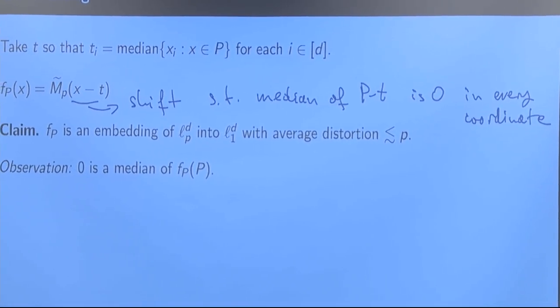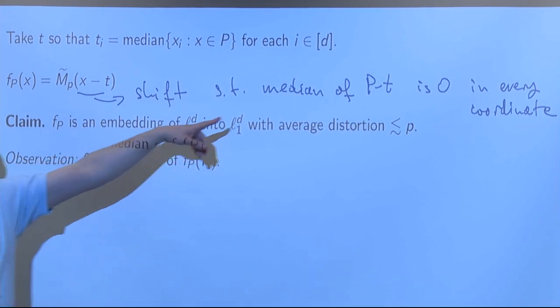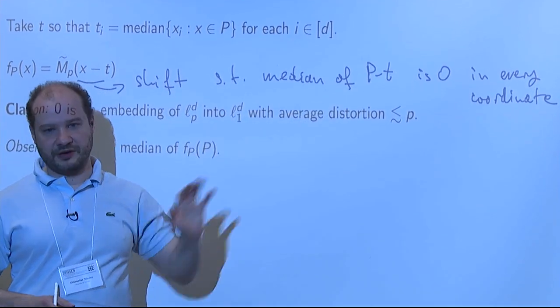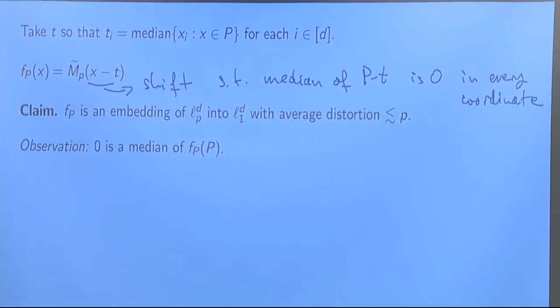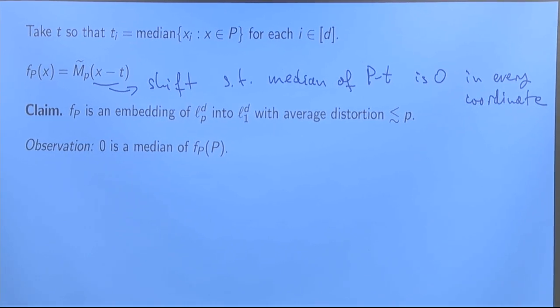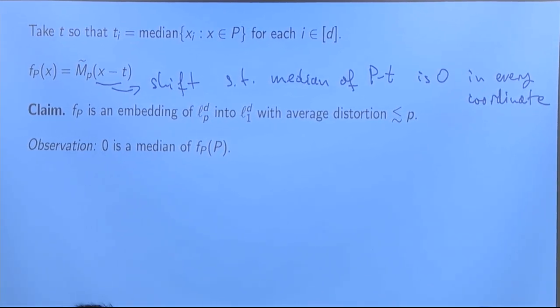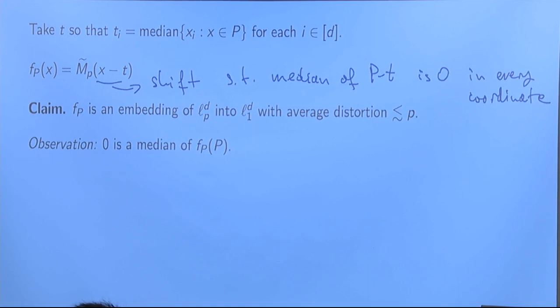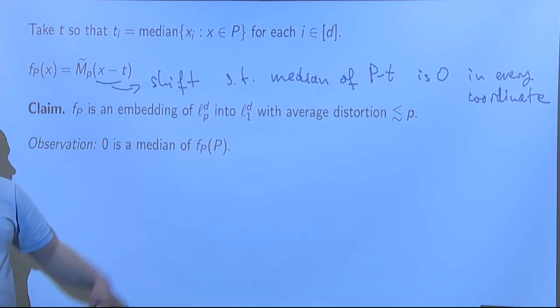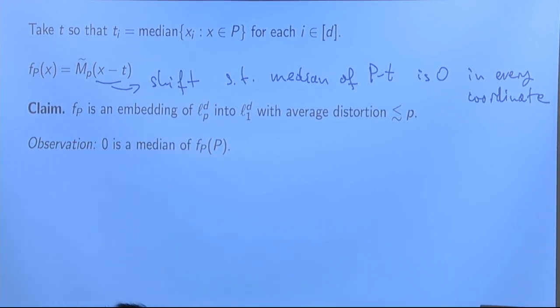Okay, so we shift so that the median of the shifted points of P is 0 in every coordinate. Now I'm talking about median in the usual sense of median of numbers. And the claim is this is an embedding of LP into L1 with average distortion on the order of P.